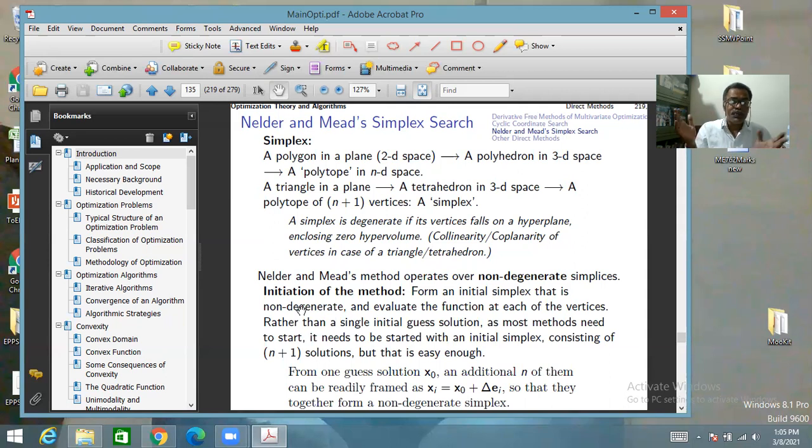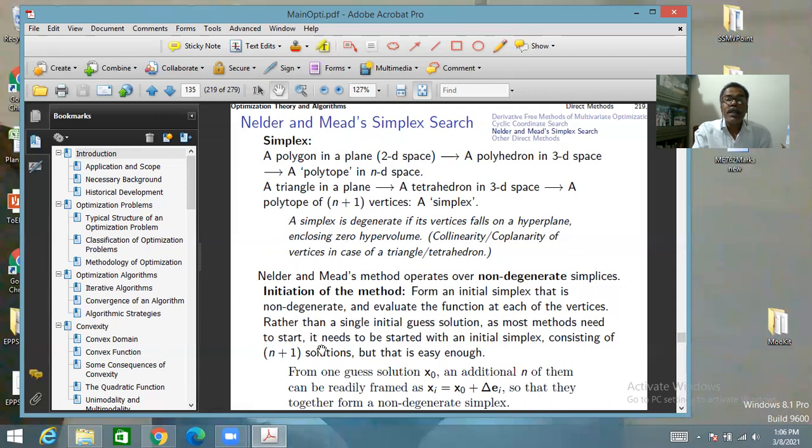When the simplex starts getting degenerate, then basically you cannot operate the way it needs because it will then enclose no hypervolume. So at all the n+1 vertices of the initial simplex, you evaluate the function. So fine.